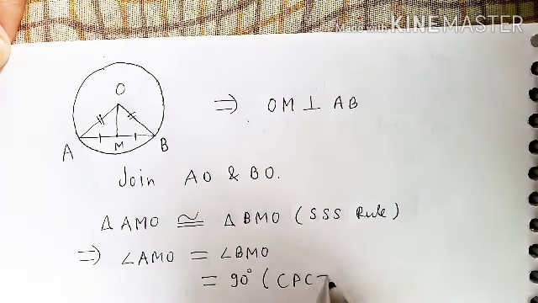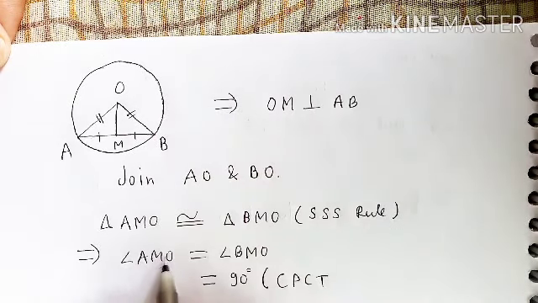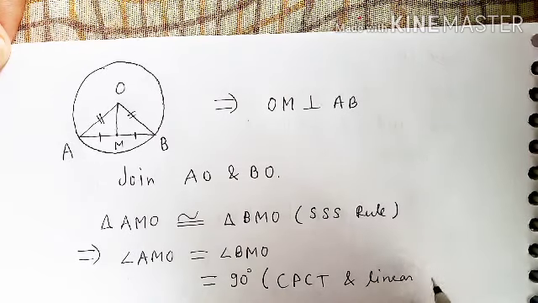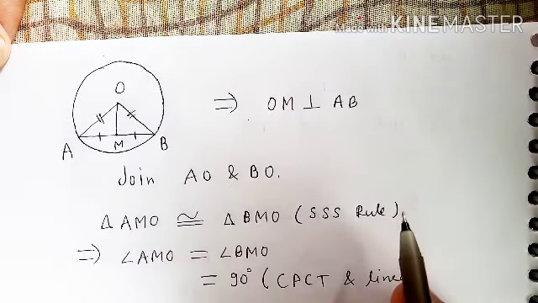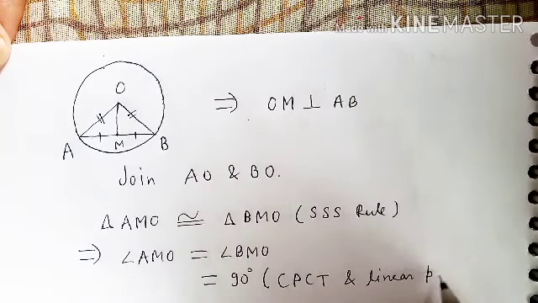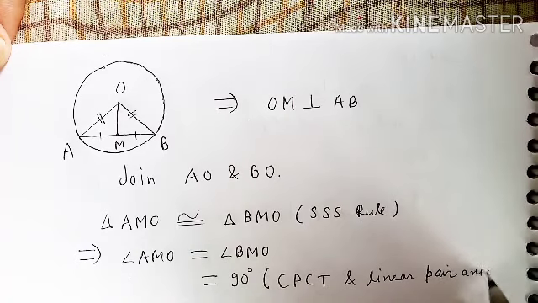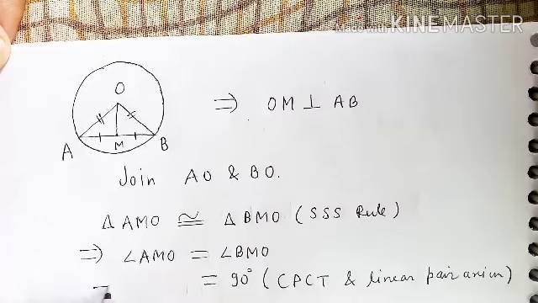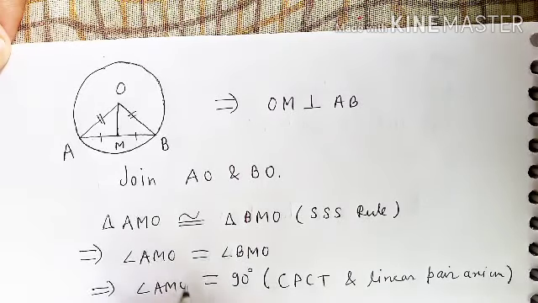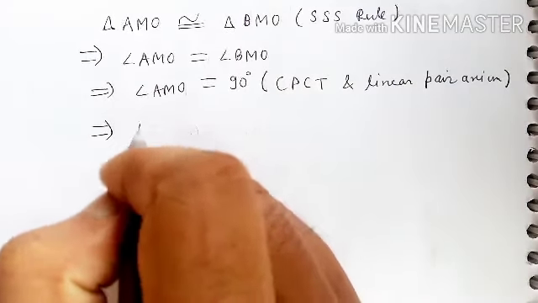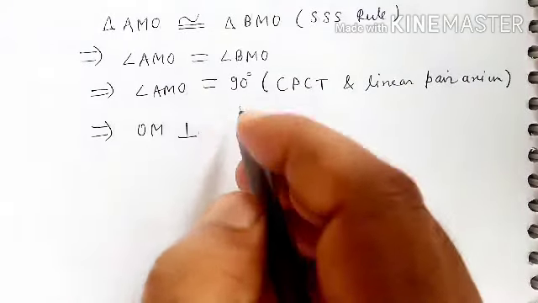Using CPCT, angle AMO is equal to angle BMO, and using the linear pair axiom, the sum of these two angles is 180. They are equal, so each of them will be 90 degrees. So the reasons are CPCT and the linear pair axiom. This implies that OM is perpendicular to AB.